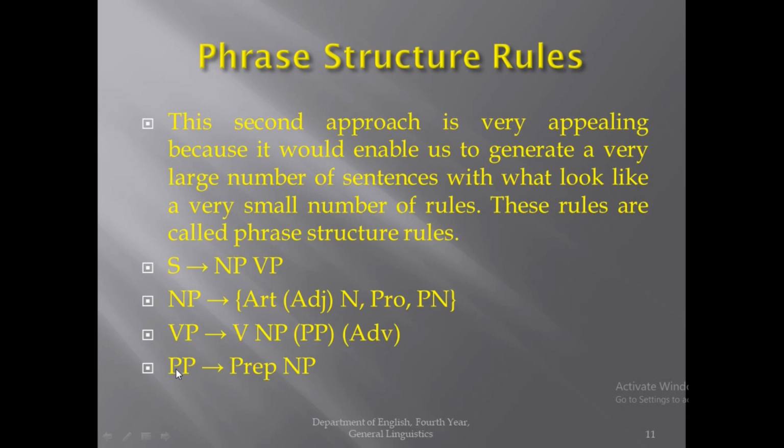And the prepositional phrase, PP, must be rewritten as preposition plus noun phrase, and so on and so forth. You see, this limited set of rules can yield an unlimited set of sentences.